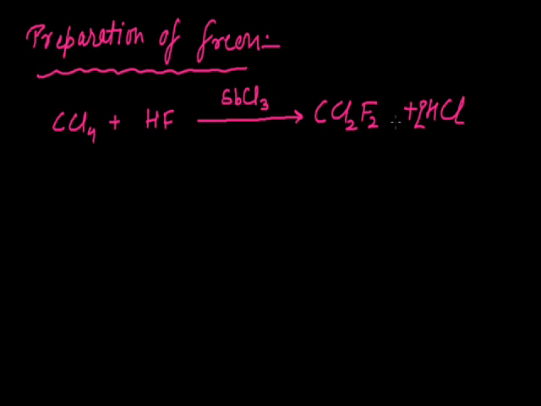Here 2 hydrogen atoms are present, so we can write 2 in front of HF. Here 2 hydrogen are present, here also 2 hydrogen are present. Now here 2 fluorine atoms are present, there are 2 fluorine atoms present, and here 1 carbon, and the equation has been balanced. And this is a type of CFC or a freon, and this is freon 1 2. So we can prepare freon 1 2 by this method.